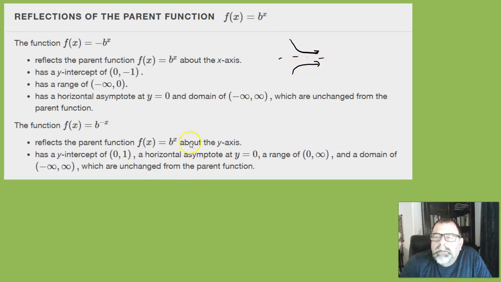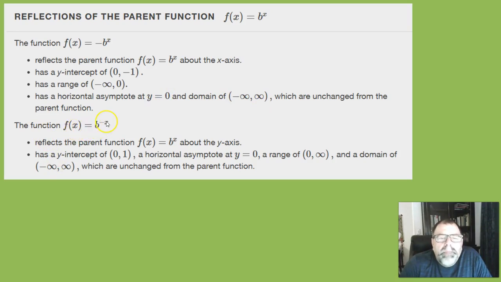It'd be that one. Okay, and then it has a y-intercept of (0, -1). Now the range, instead of being from 0 to infinity, is going to be negative infinity to 0 because it flipped over the x-axis. Horizontal asymptote doesn't change, and domain doesn't change.